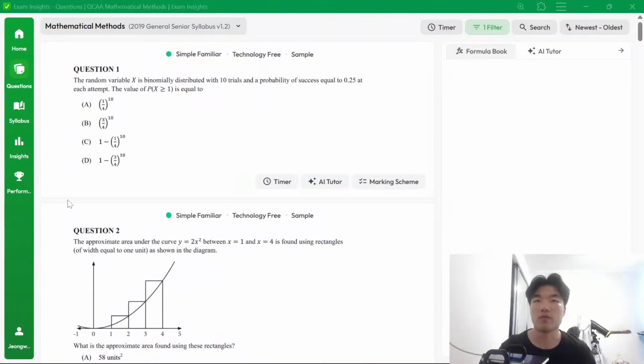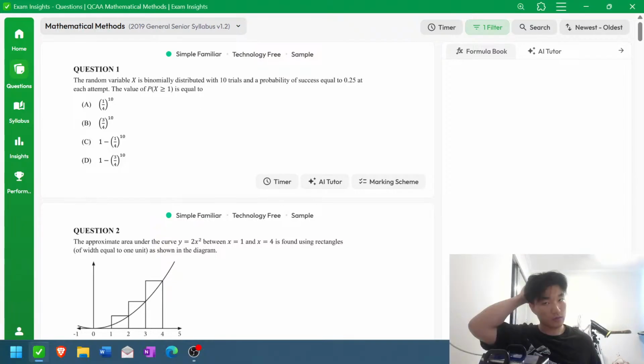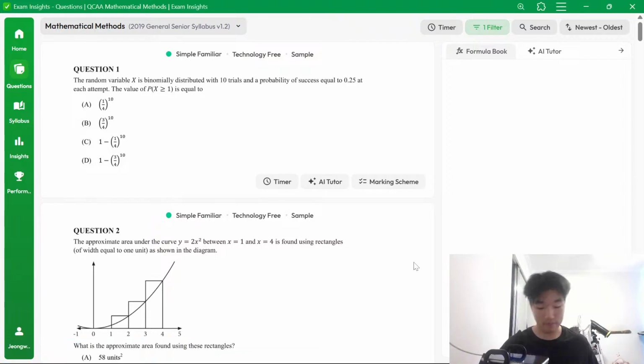Let's go to our formula sheet. The formula book is not loading. Okay, but either way, it's the probability of success, which is 1 over 4, to the power of r, I believe. Either way, we don't need the formula right now.